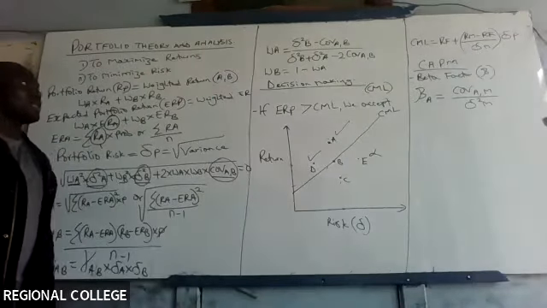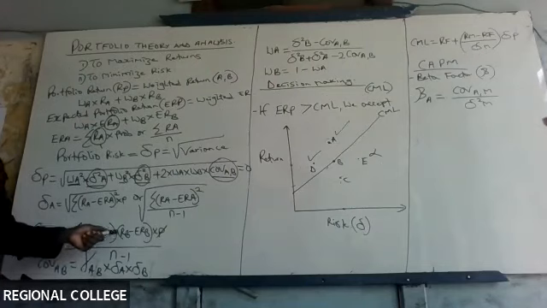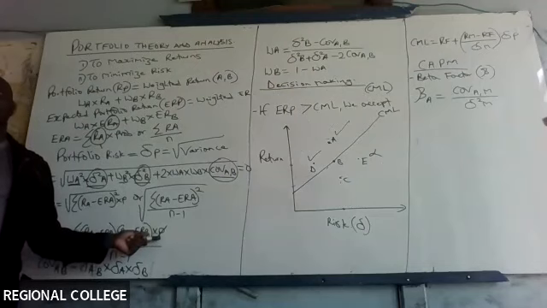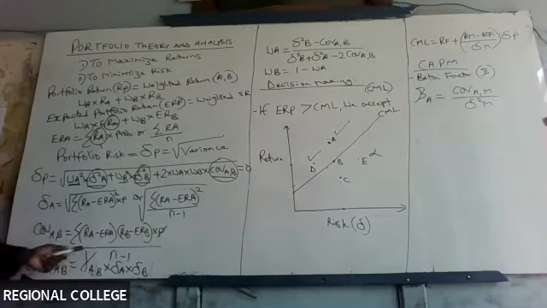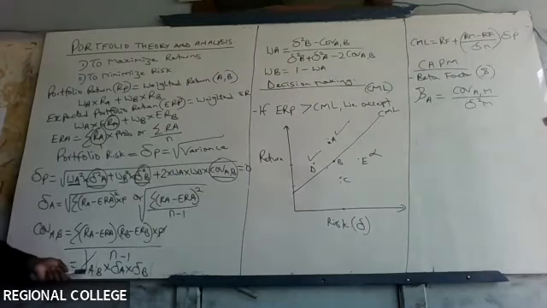Do you remember how to calculate the covariance? The returns of A minus expected returns of A, returns of the market minus expected returns of the market, times the probability, divided by n minus 1. Alternatively, I can get my covariance using the correlation coefficient of AB, standard deviation of A, standard deviation of B.